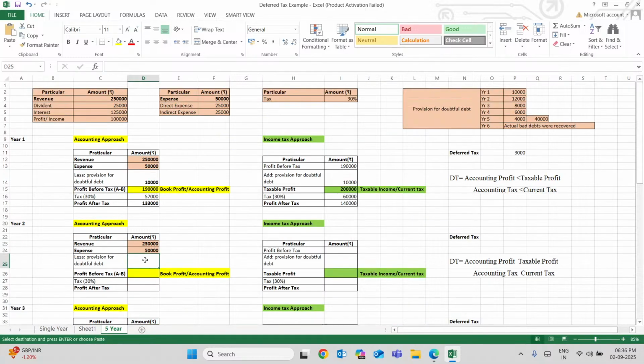So we're going to put 12,000 right here. Then we will deduct all the expenses, that is our expenses and less provision. We get a profit before tax of 1,88,000, on which we are going to charge our tax now.